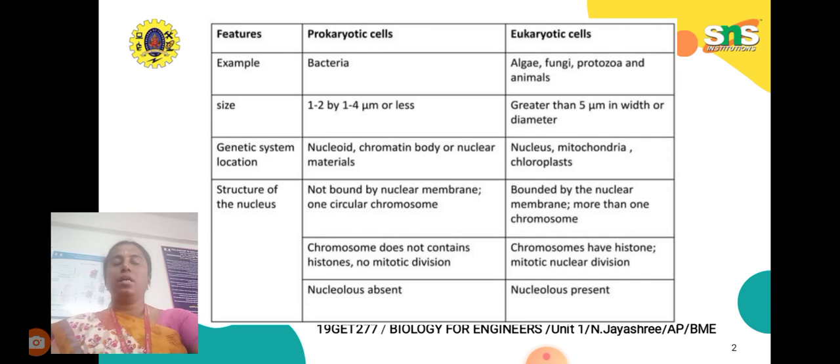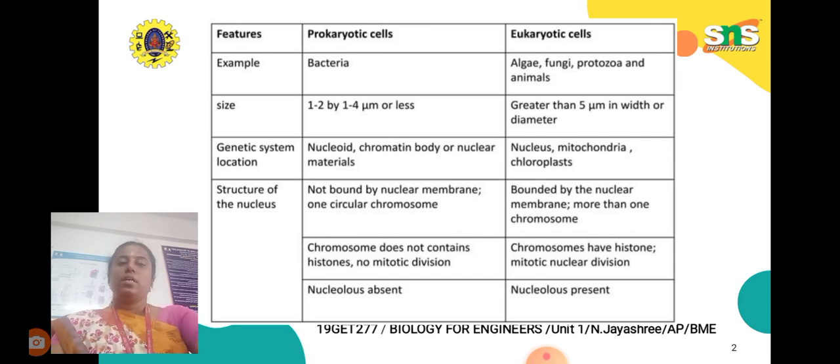We have seen two types of cell structures, and now the difference between prokaryotic and eukaryotic cells. An example of a prokaryotic cell is bacteria, and eukaryotic cells are algae, fungi, protozoa and animals. The size of prokaryotic cells is 0.5 by 0.25 micrometres or less, whereas a eukaryotic cell is greater than 5 micrometres in width or diameter.